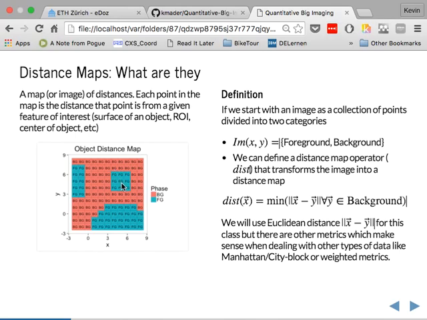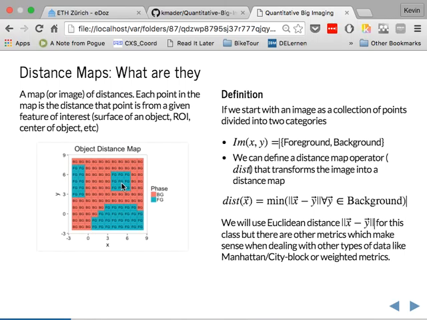For this point in the middle of this object, what would we expect the distance map value to be? Yeah, so that's where it's quite important.